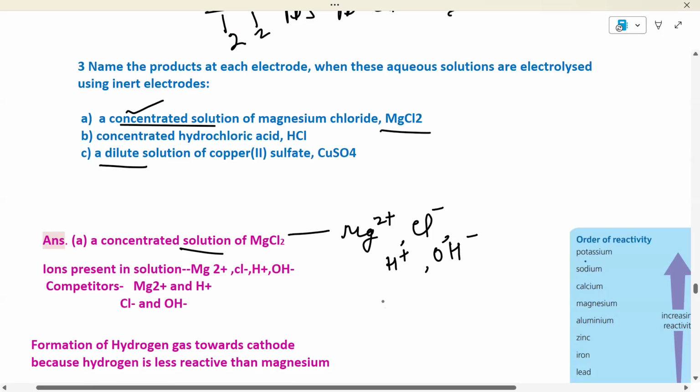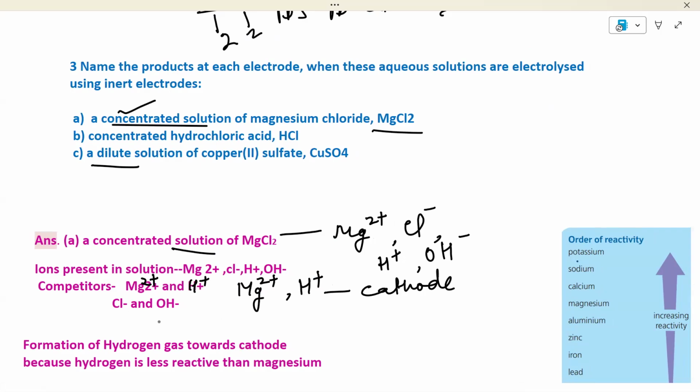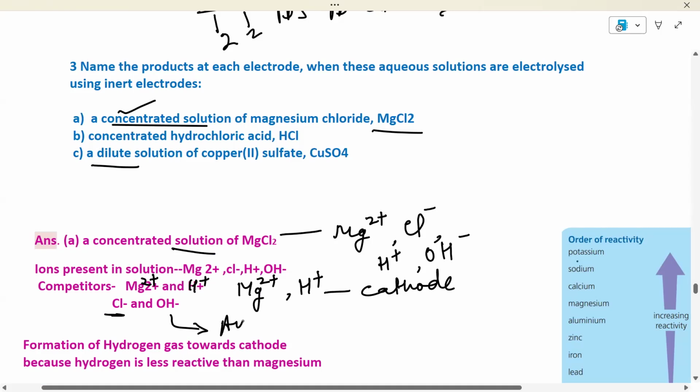So we can say there would be competition between Mg2 plus and hydrogen ion towards cathode, because these are cations, so they must be interested in moving towards cathode. And the competition would be between chloride ion and hydroxide ion, because these two would be interested in moving towards anode.